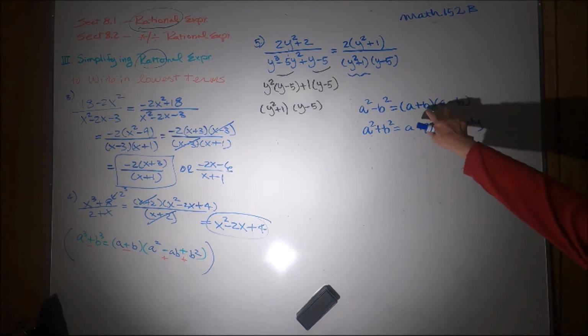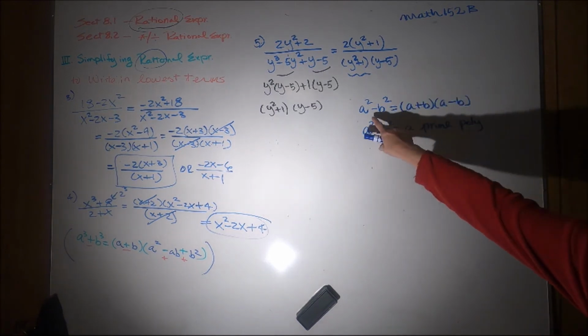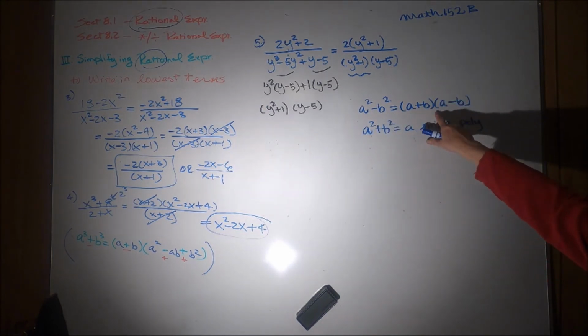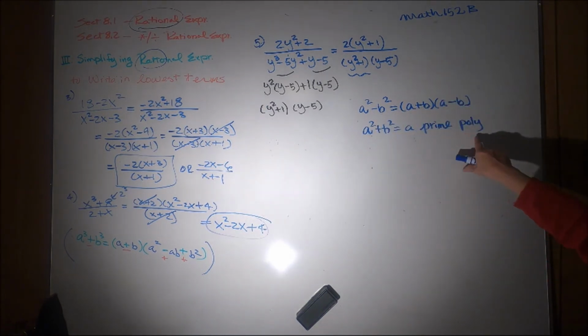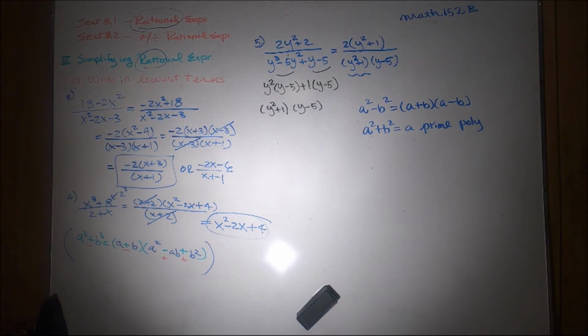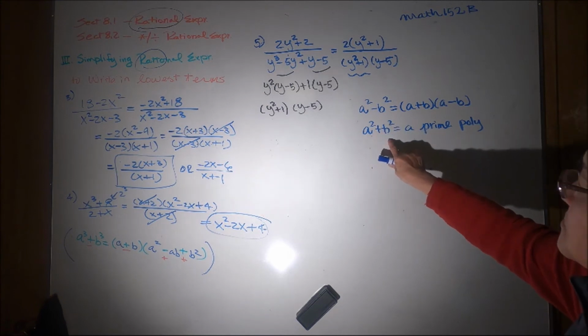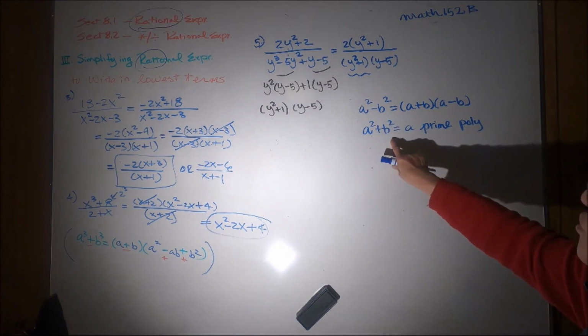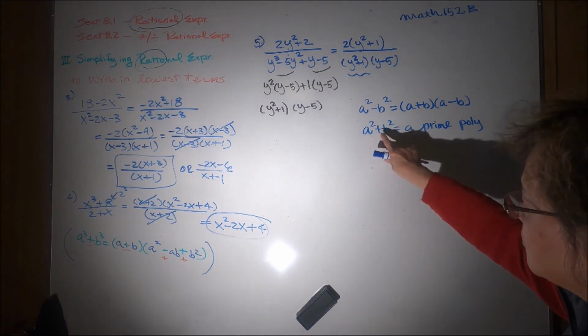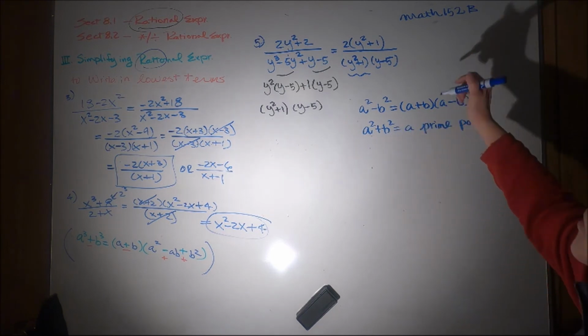Because 2 terms multiply together, the simplest one is a squared minus b squared. Or 2 terms times 2 terms, binomial times binomial, sometimes is what? Trinomials. Okay? So a squared plus b squared, the sum of 2 squares, is a prime.